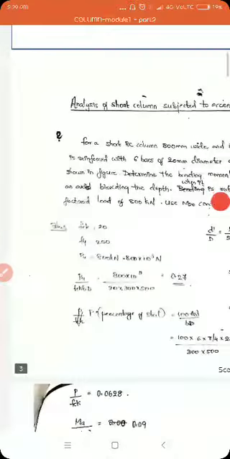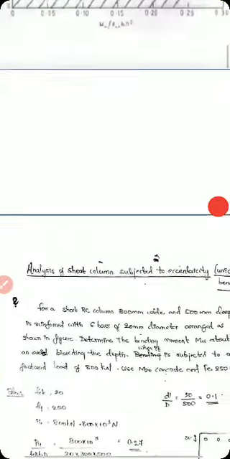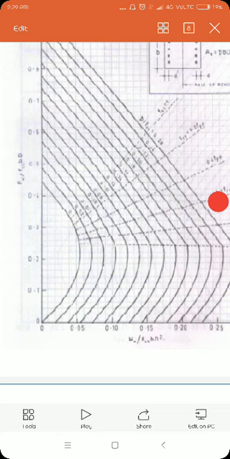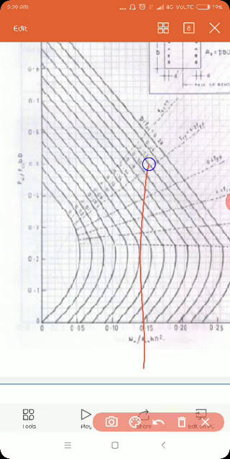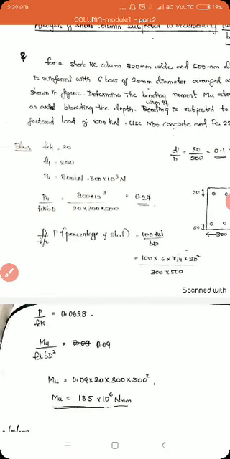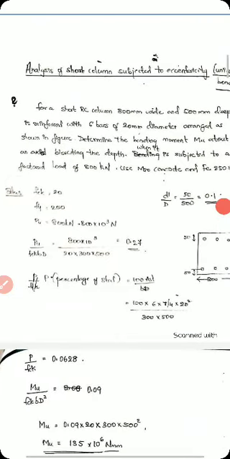So here Pu by fck is 0.27 and p by fck is 0.028.